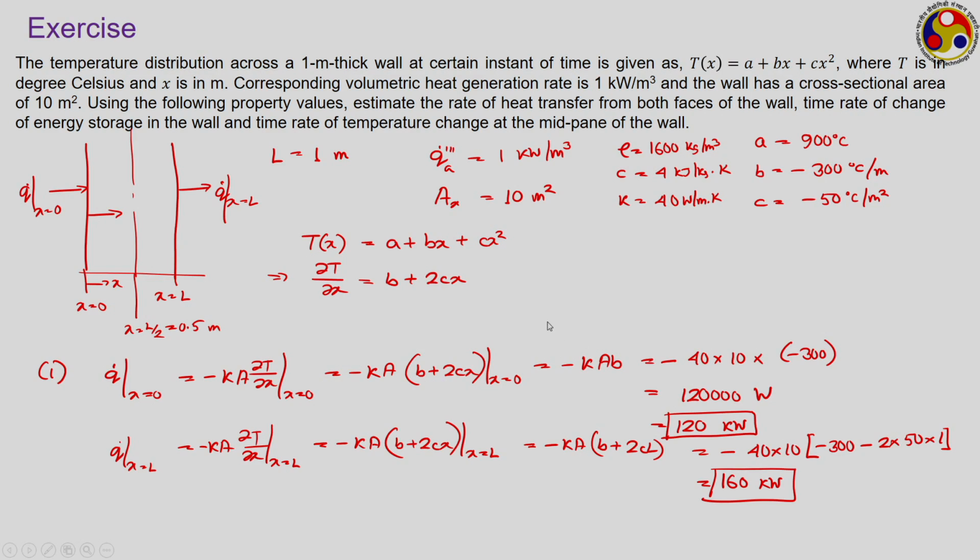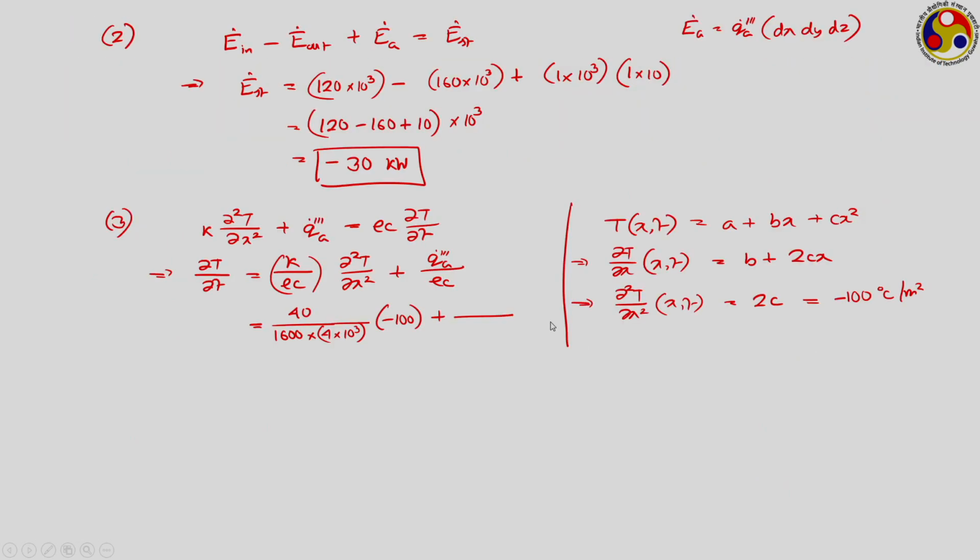We had q g dot triple prime given as 1 kilowatt, that is 1 into 10 cube. Note that I am writing all of the magnitudes in basic SI unit, so that there is no confusion with kilo or mega or any such kind of units.